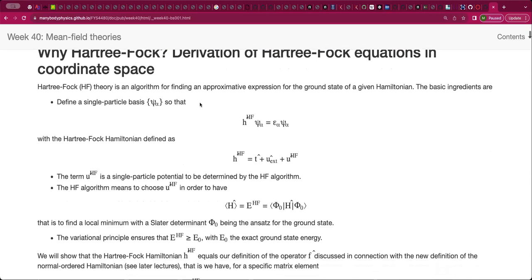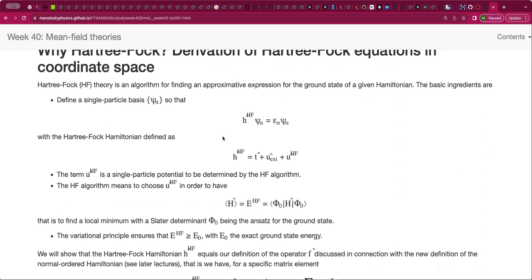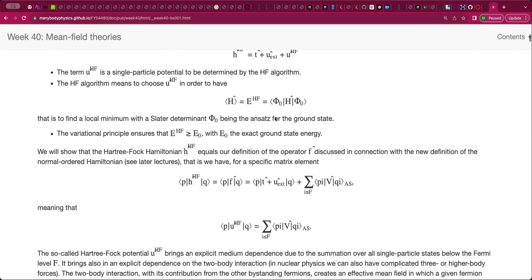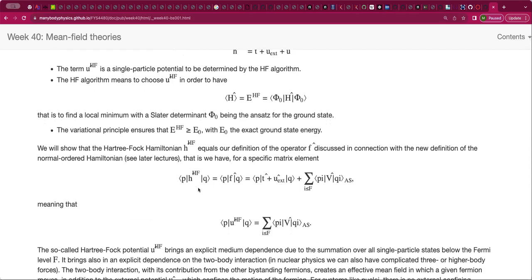The equations which we showed yesterday are equations which minimize the energy and hopefully give a better energy estimate compared to the one where we had a basis which was typically an eigenbasis of the kinetic energy plus this external potential. Now the eigenbasis which we're looking at is actually an eigenbasis of this Hartree-Fock operator.